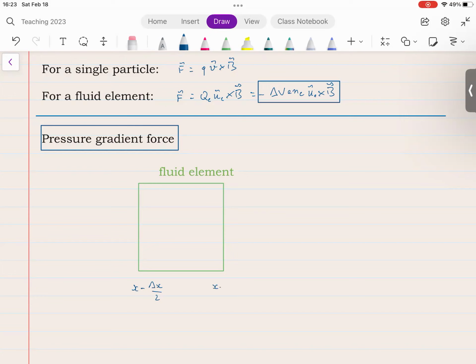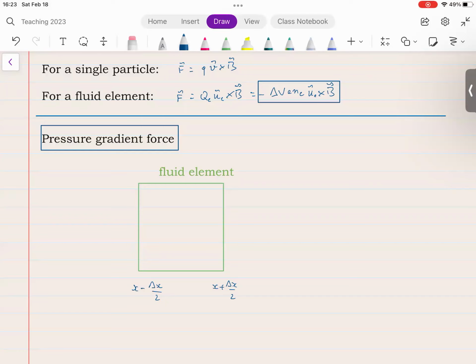And here I have x plus delta x over 2. That is, the position of the fluid element in the x direction is the center of this box. And then I look at what happens on the two sides.